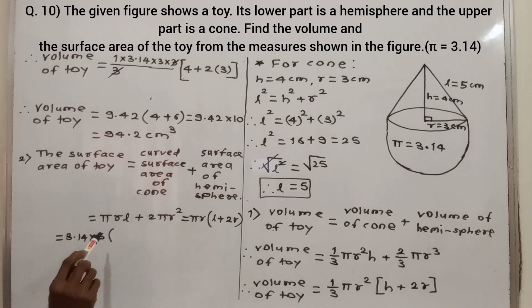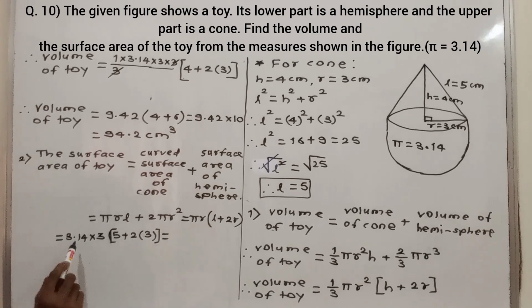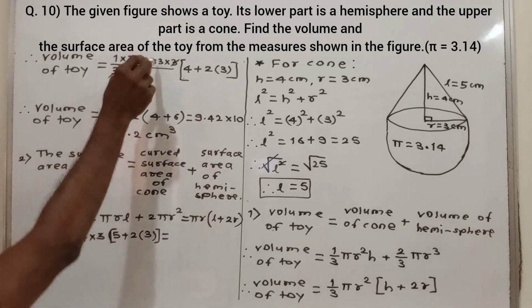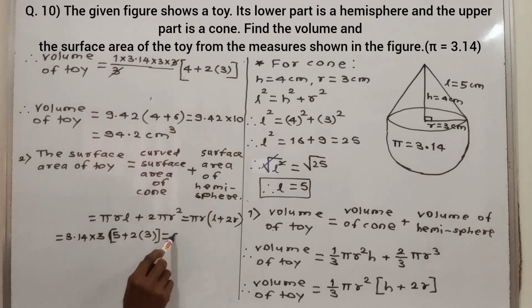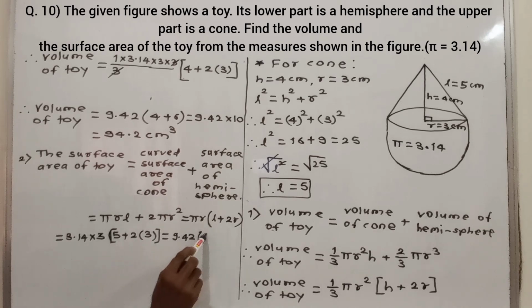Then l, what is l? 5, plus 2 into r, r is 3. Did you get it? Is equal to product of this two. I have written here 9.42 into 5 plus 2 into 3, 6.